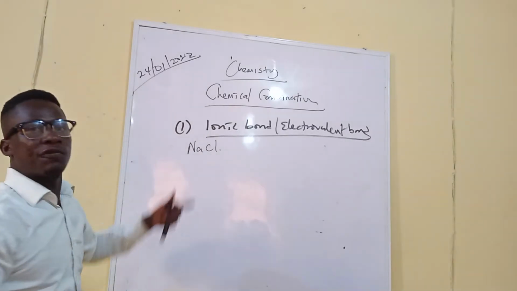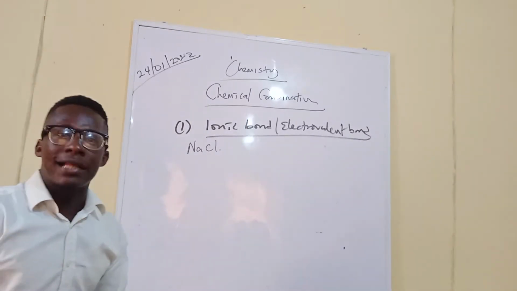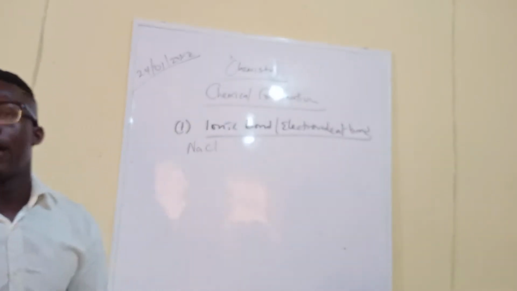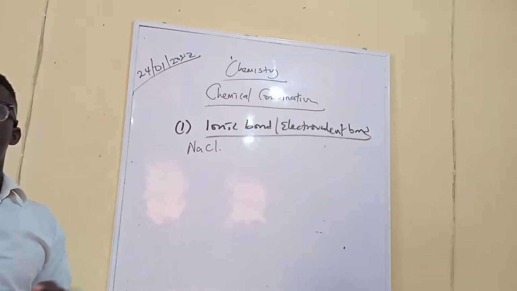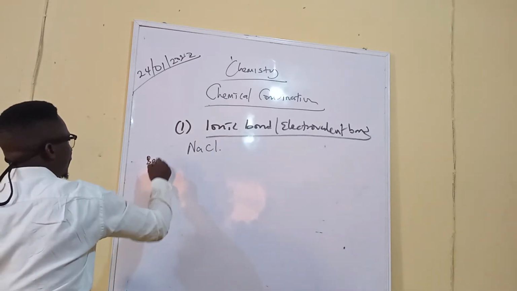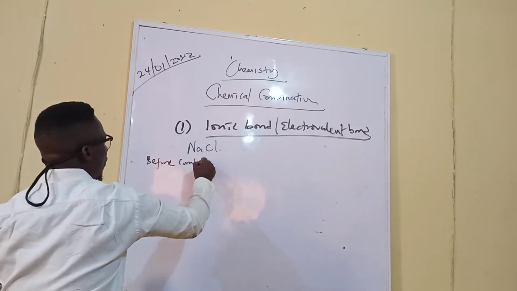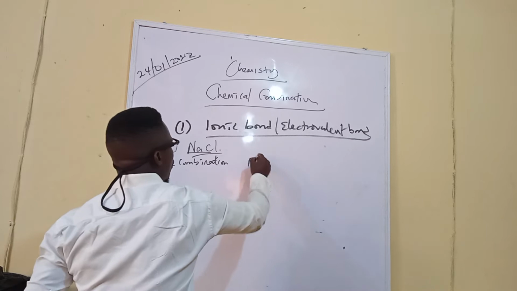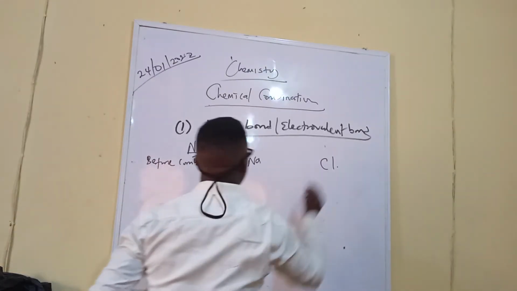For us to know how this bond is formed, we have to look at the electronic configuration of sodium and chlorine. These are the two atoms in this compound. Before combination, you have sodium and chlorine.